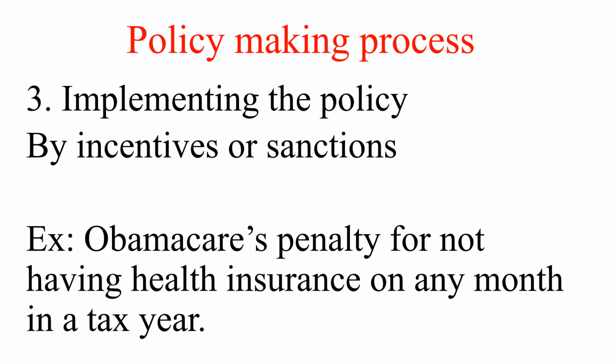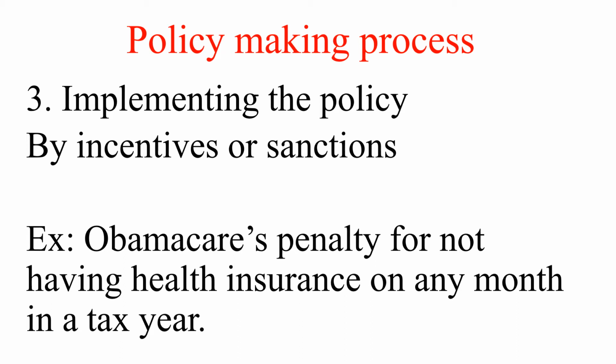The third step is implementing the policy. As I mentioned before, two instruments can be used here. Some policies are designed in such a way that they purely and passively create an encouragement or an incentive for people to behave the way that the policy wants them to behave. In some other policies, it's the sanctions. There are some penalties for not behaving the desired way.